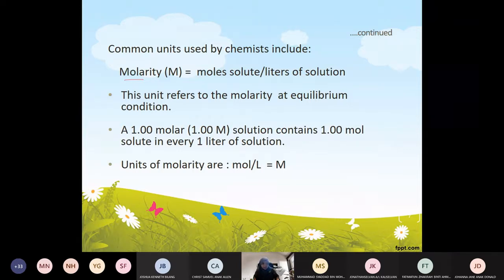Molarity, abbreviated by the capital letter M, is defined as moles of solute per liter of solution. For example, if I report a 1 molar solution, it means it has 1 mole of solute in every 1 liter of solution. So if you see M, it's the same as mole per liter.